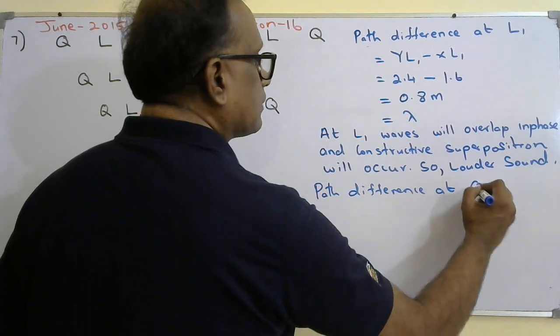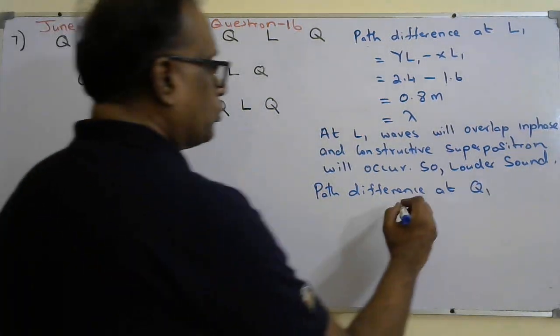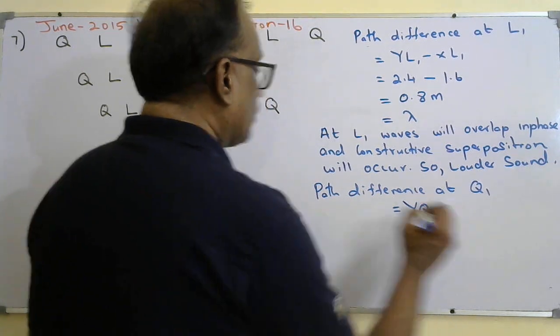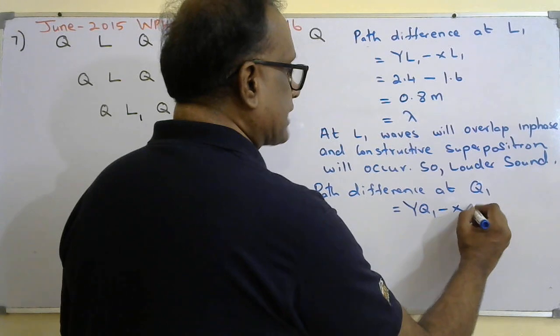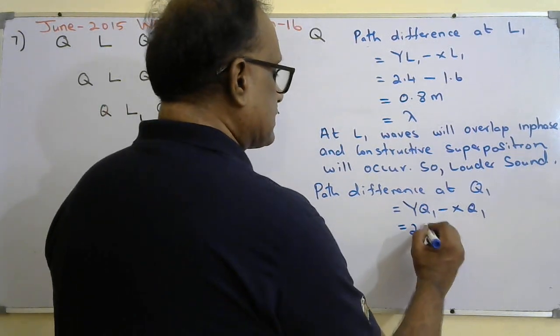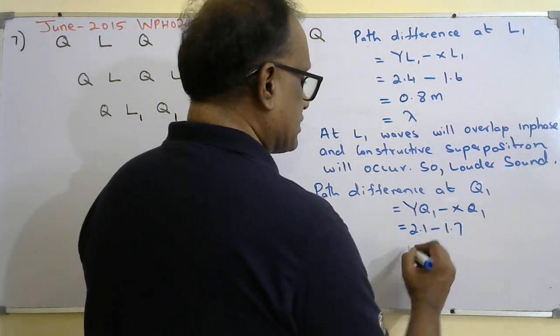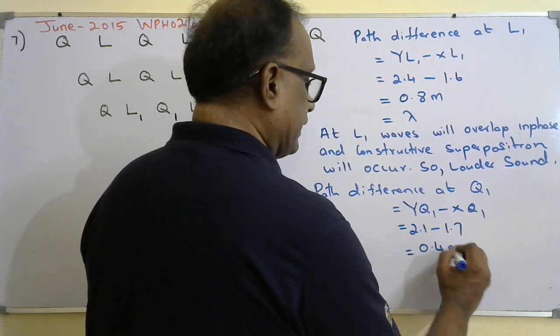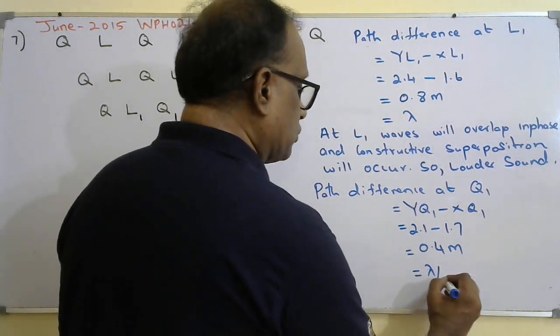At Q1, which is a quiet region, the path difference is YQ1 minus XQ1. YQ1 is given as 2.1 meters minus 1.7 meters, so it's going to be 0.4 meter. The wavelength is 0.8, so it's half the wavelength, lambda by 2.